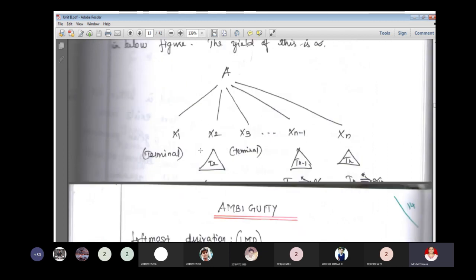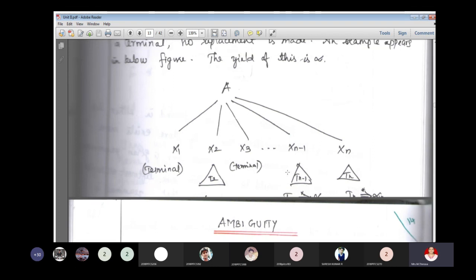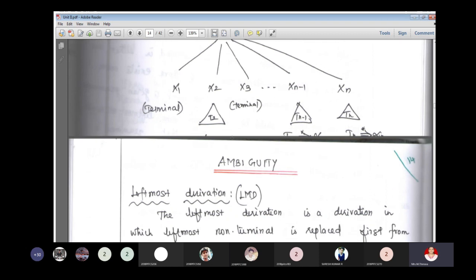Suppose this x2 has a subtree that can produce some alpha. Suppose x3 is a terminal and xn minus 1 is a variable, then it can generate a subtree and it may yield something. So every derivation has its own derivation tree. If you have a derivation tree, definitely you will have a derivation. From this you can conclude that.